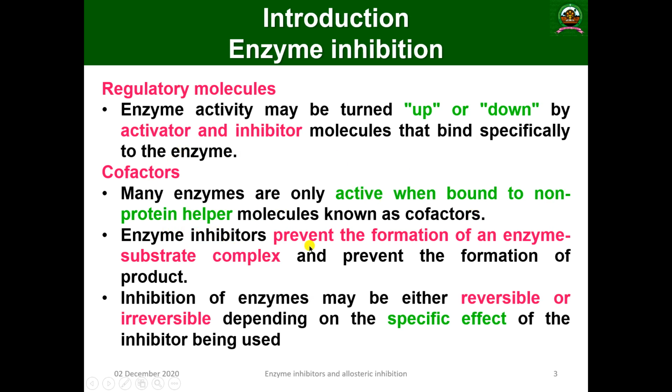Enzyme inhibitors prevent the formation of an enzyme substrate complex and thereby prevent the formation of the product. That is the main mechanism of how enzymatic inhibition happens.